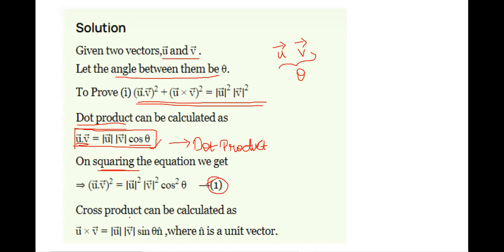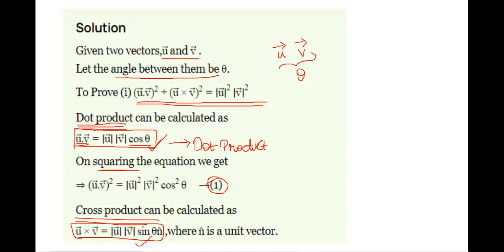Now how will we calculate the cross product? Here we have calculated the dot product by using this formula. So how can we calculate the cross product? Again by using a formula.